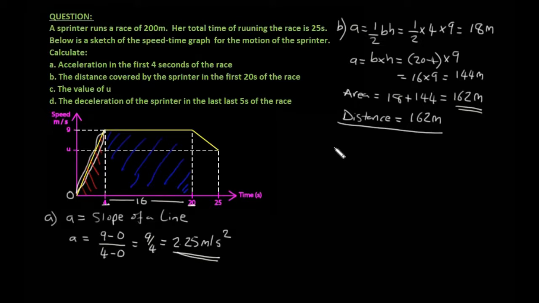Now let's look at part C, the value of u over here. In part C, we're going to find the area of this triangle over here.